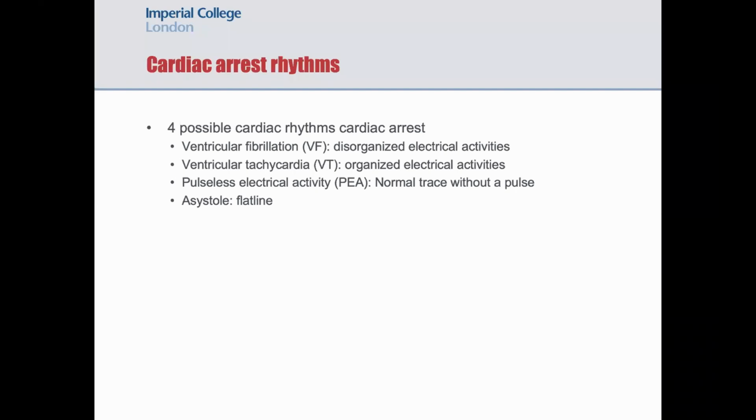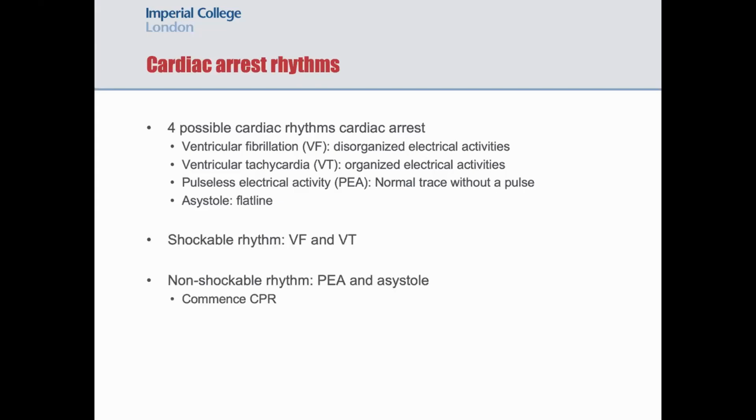And the last one is called asystole. Essentially, that's just a flat line on your ECG trace. So if you see any of these 4 rhythms, it means they're in cardiac arrest. And normally, the 4 possible cardiac arrest rhythms are divided into shockable and non-shockable.